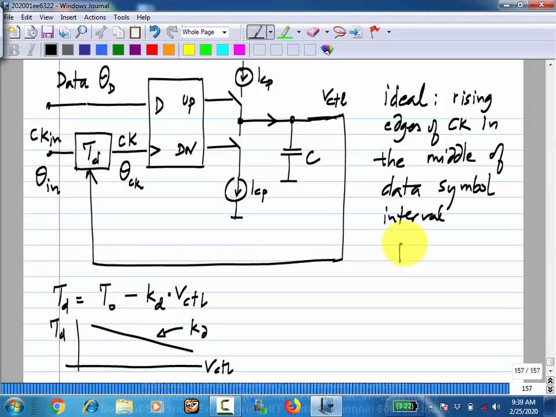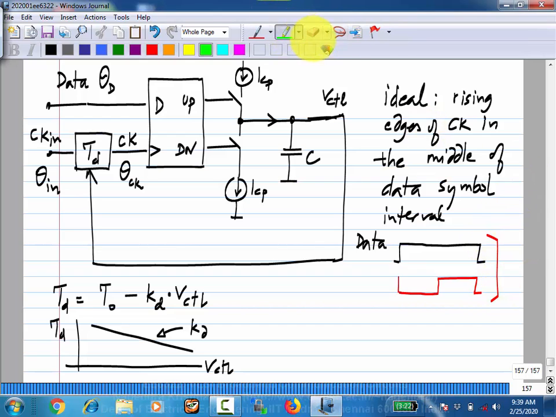If data looks like this, the clock would look like that. Later, when dealing with phase offsets and so on, you can incorporate that too. So this is my operating point.